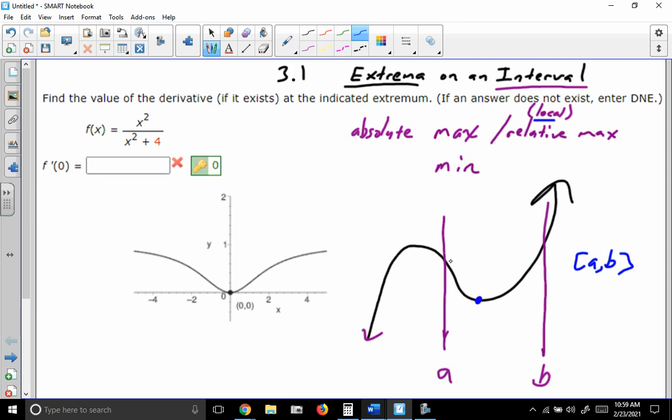It's lower than any point on the entire interval, so that's the absolute minimum for that interval. At the same time, this point is the absolute highest point on that interval.